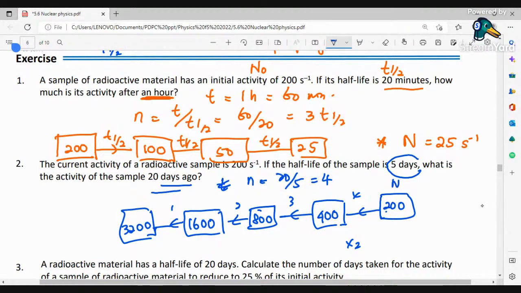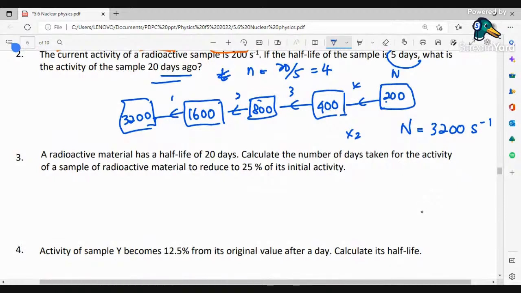Okay, so activity of the sample 20 days ago is 3200 second to the power negative 1. Maksudnya kena faham soalan 20 days ago, patah balik yang sebelumnya. Okay, current tu yang ni, semasa.